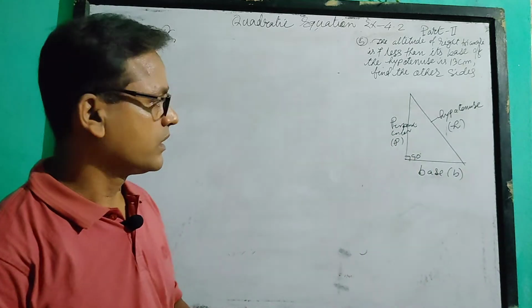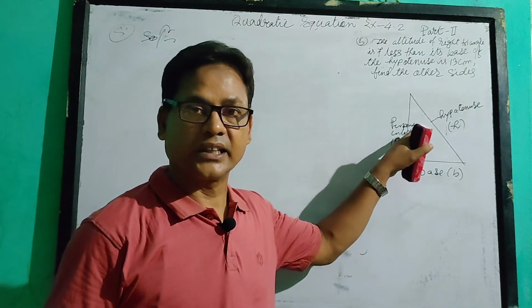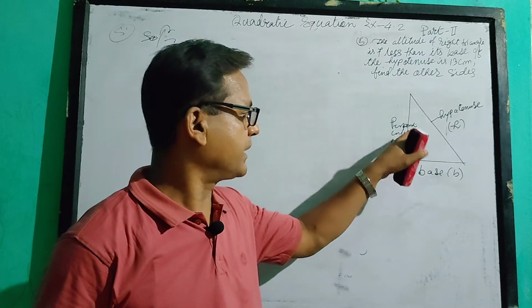According to the Pythagoras theorem, what is given in Pythagoras triplets?